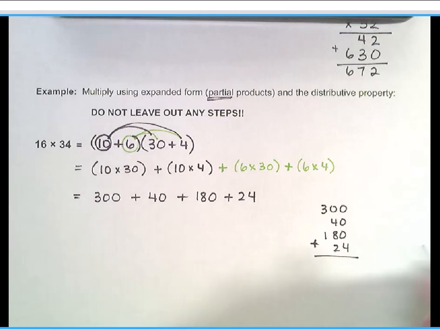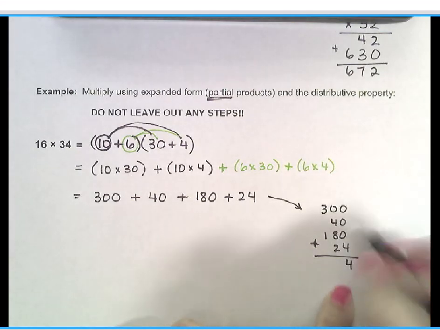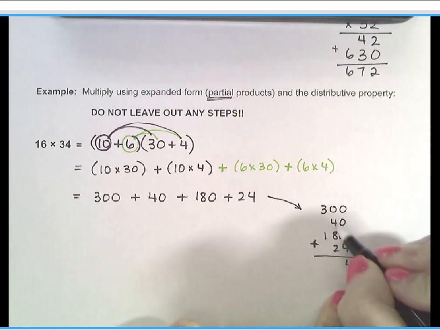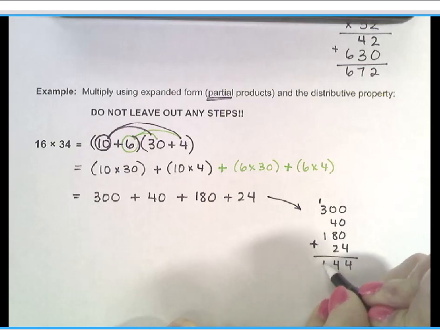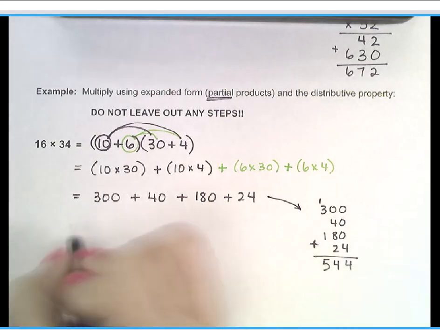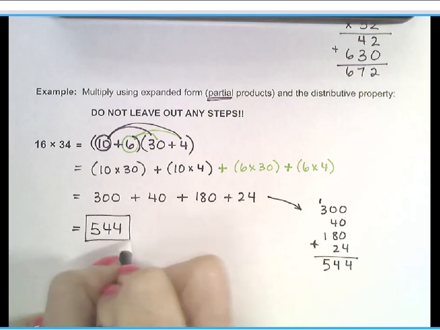I prefer to stack them vertically. So that would be a 4. 8 and 2 is 10, plus 4 more is 14, so I have to carry my 1, and then I get a 5. So 544. This is absolutely something you need to know how to do also.